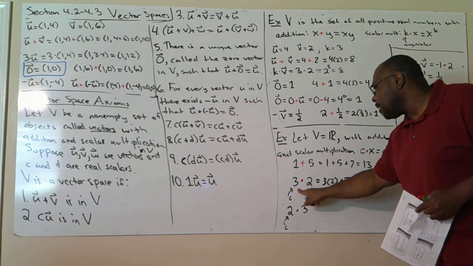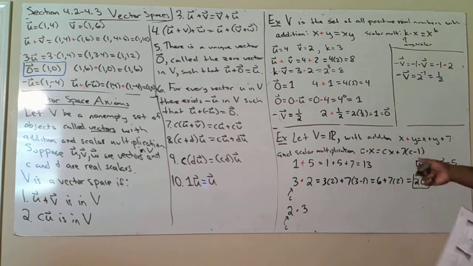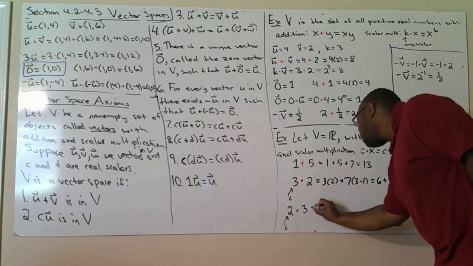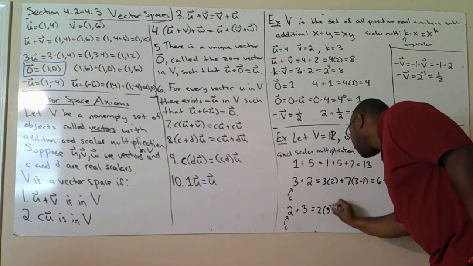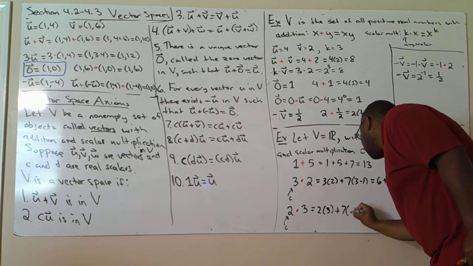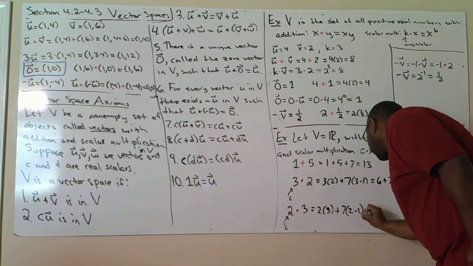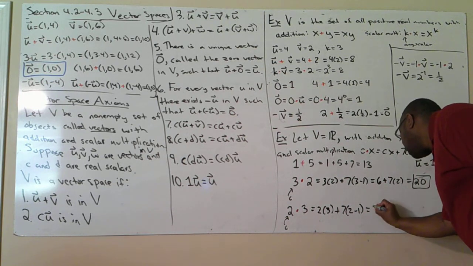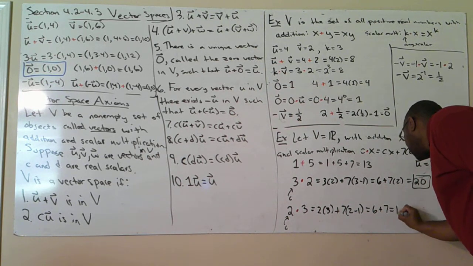Here 3 was my scalar, and 2 was my vector. So now I'll rearrange them. If we do this one now, we get 2 times 3 plus 7 times 2 minus 1. So we get 6 plus 7, which is 13.